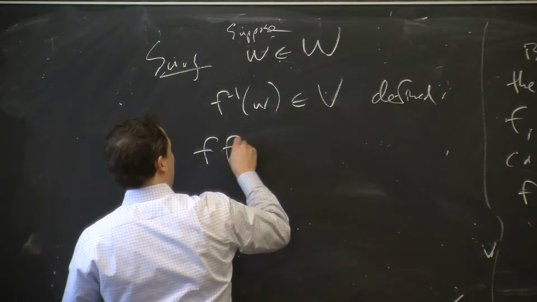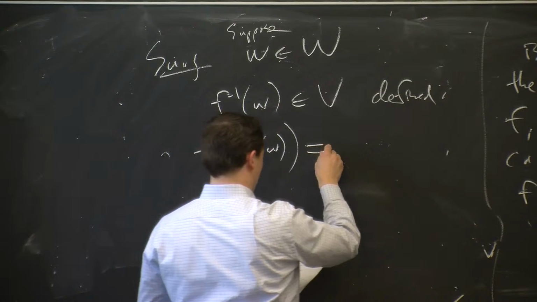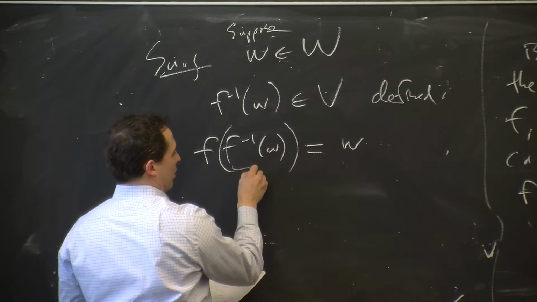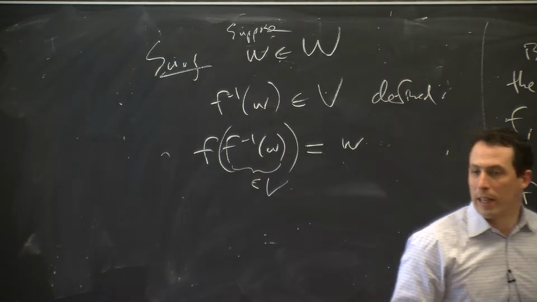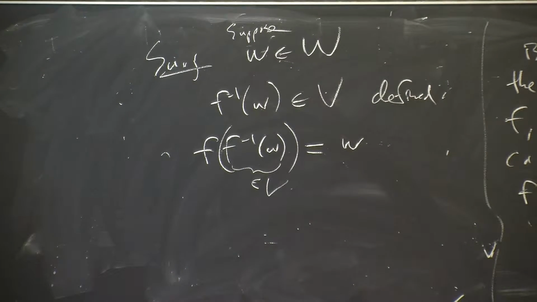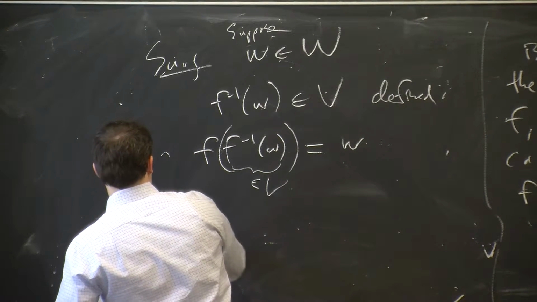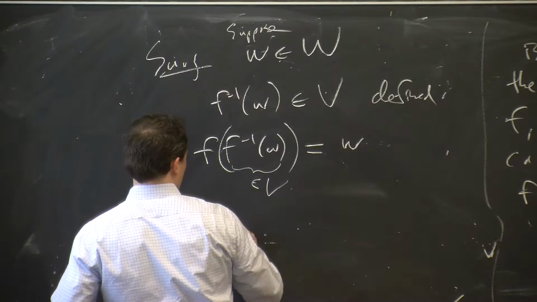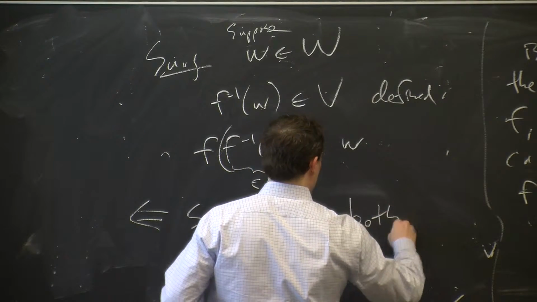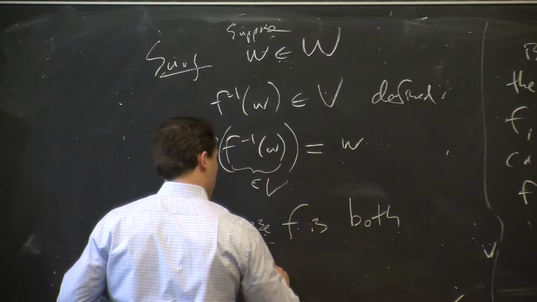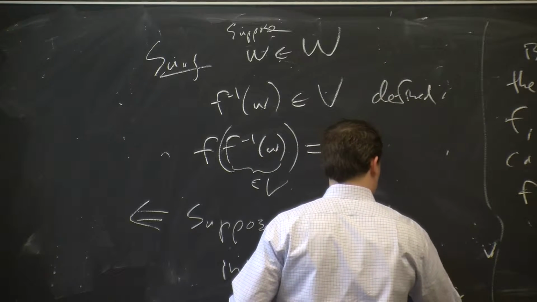And F applied to this vector in V, of course, is equal to W. So that shows that there exists a vector in V such that when F is applied to it, I get the element in the codomain. I mean, there's almost nothing to show for this, really. Okay. For the other direction, we suppose that F is both injective and surjective. We need to show that it's invertible.